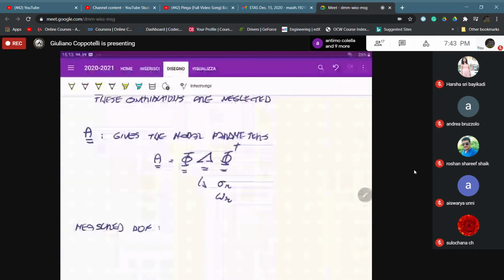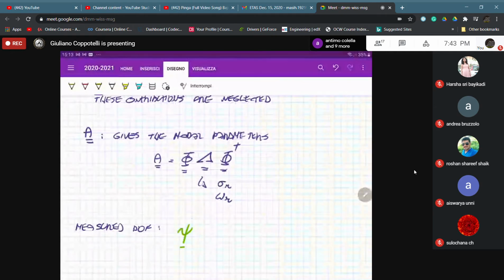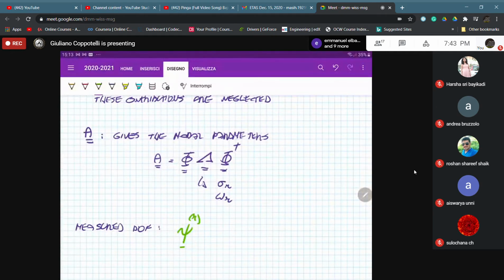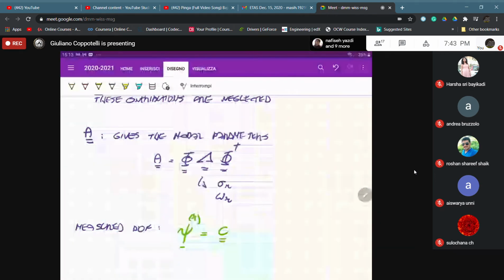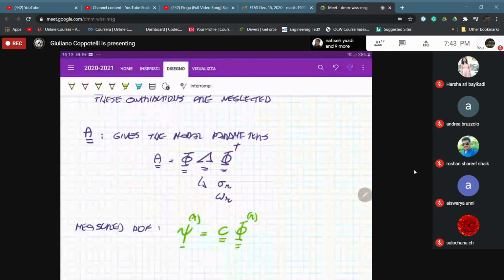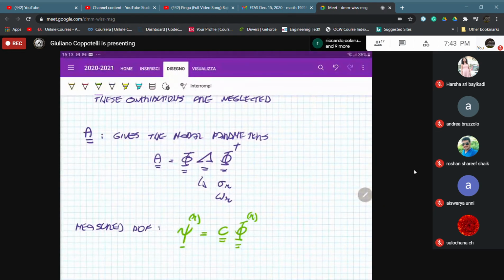So your psi R mode could be obtained from the C matrix and by considering the previously identified eigenvalue of your matrix A. Remember, the matrix C, that is your response matrix, is used to have an estimate of your mode shapes at the measured degrees of freedom.